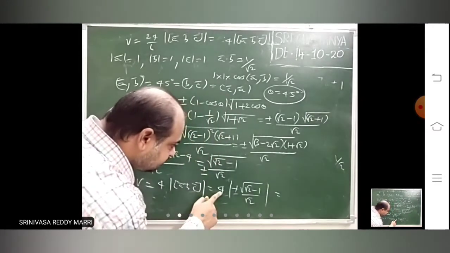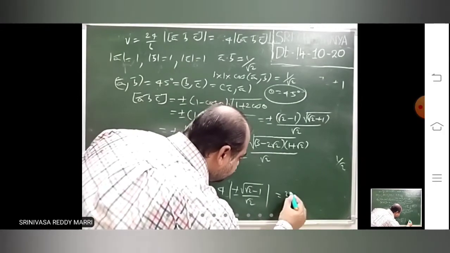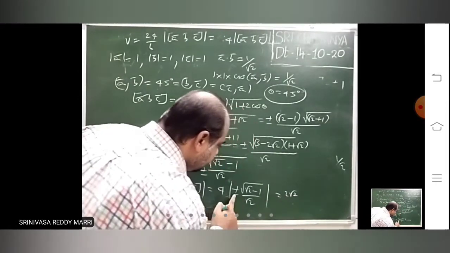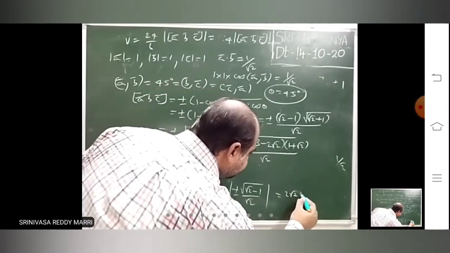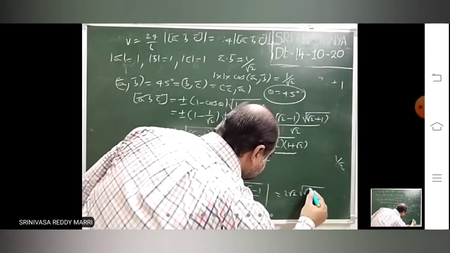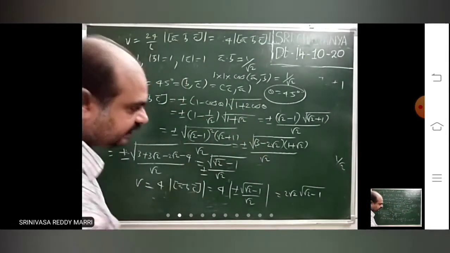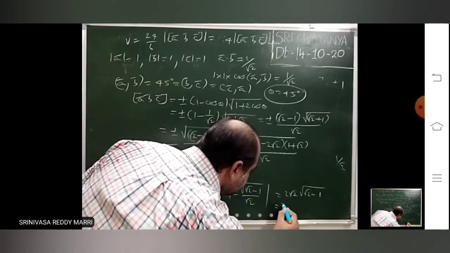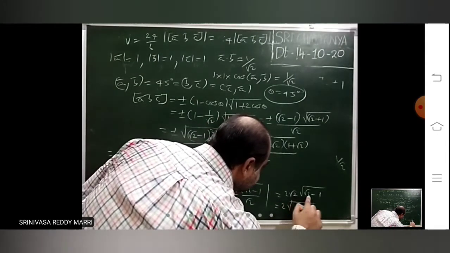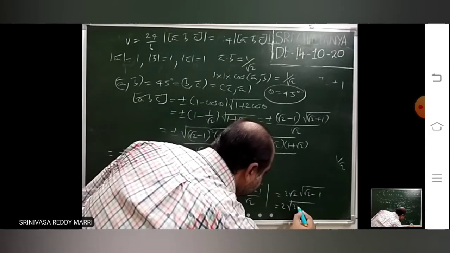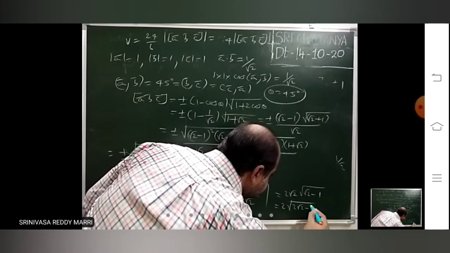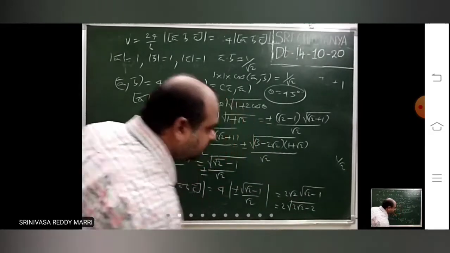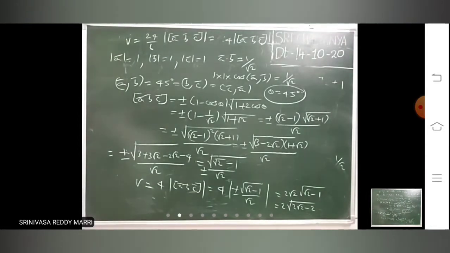So root 2 means 4. If you cancel 2 root 2, you will get 2 root 2 into modulus, plus or minus, means you will get cancel root 2 minus 1. That means 2 root of this multiplied with 2, 2 root 2 minus 2. This root of 2 into root 2 minus 1.